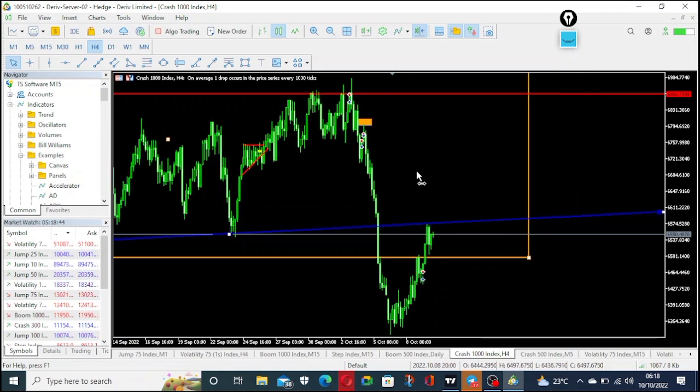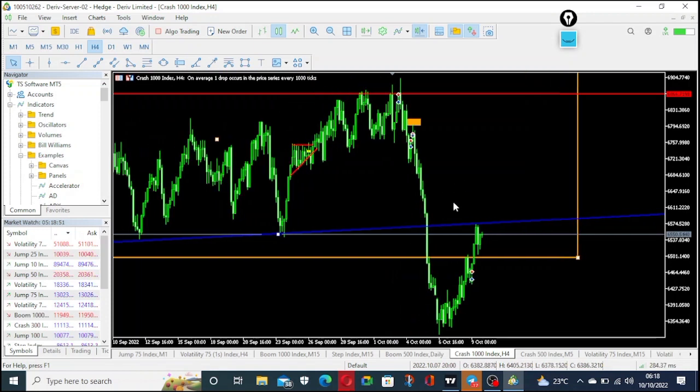You can see it's showing us kind of a bullish sign. The price might be going up more, so we might be expecting price to get back to this level.